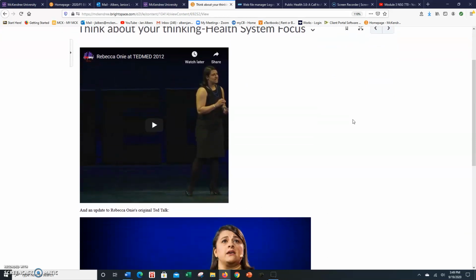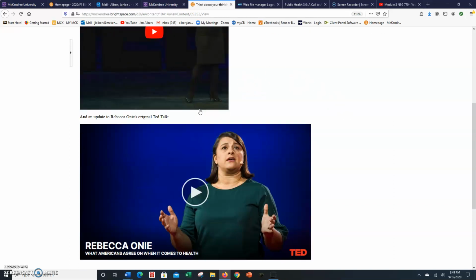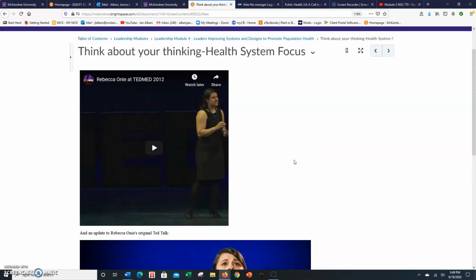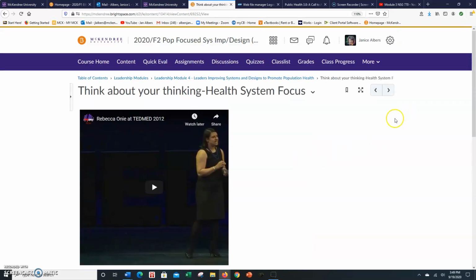This is especially interesting because this is a progression of Rebecca Oney's work and examining where she started with her original idea, and how the evolution of the process shows what we really need to focus on as healthcare leaders moving forward in examining health and promoting those outcomes in health.